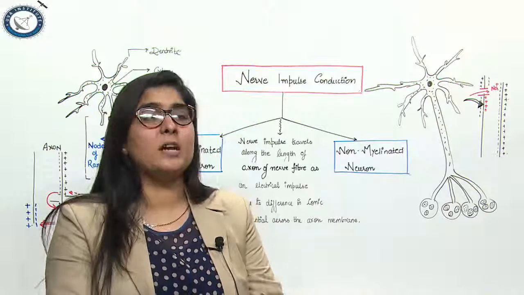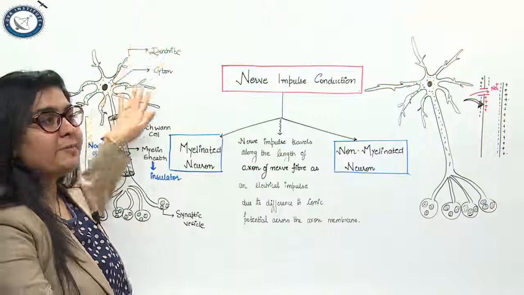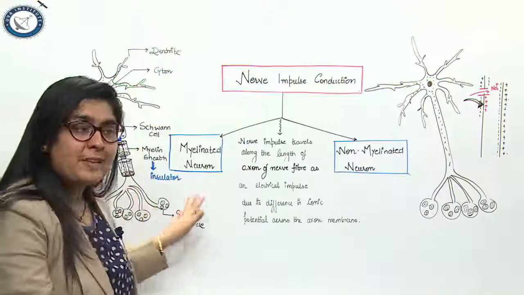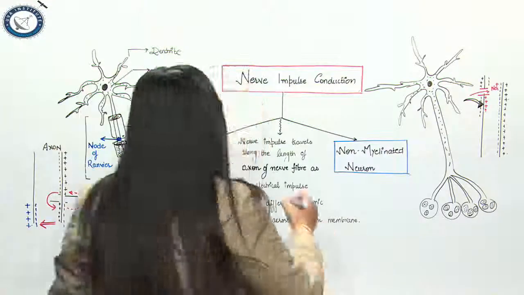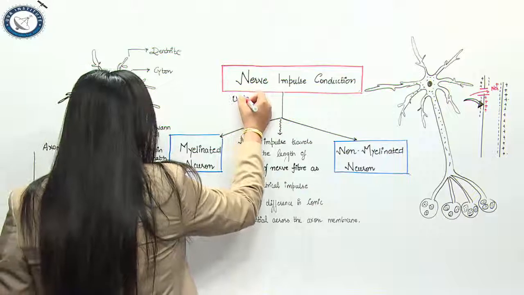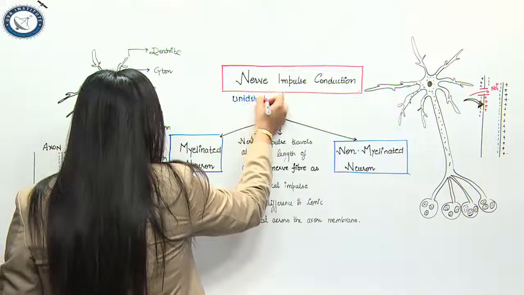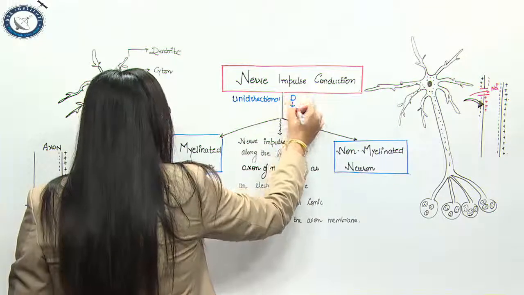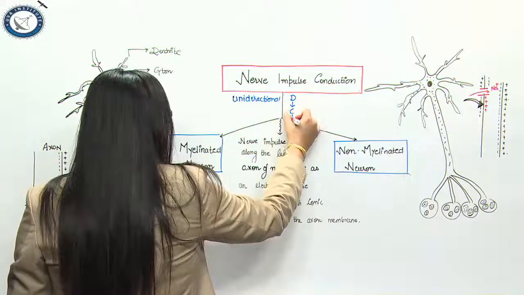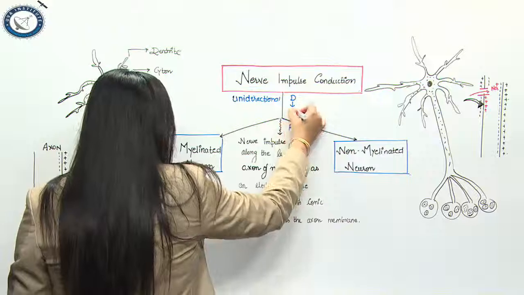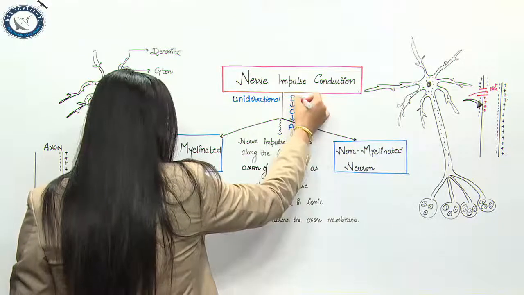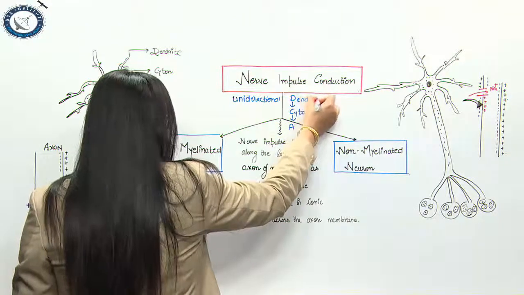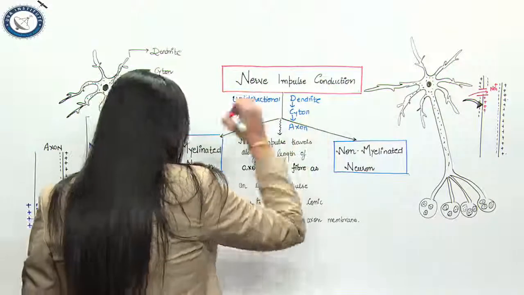We say each neuron has dendrite, cyton and axon, and the nerve impulse conduction is unidirectional, from a dendrite to axon, in a way that it goes from cyton to axon. Correct?